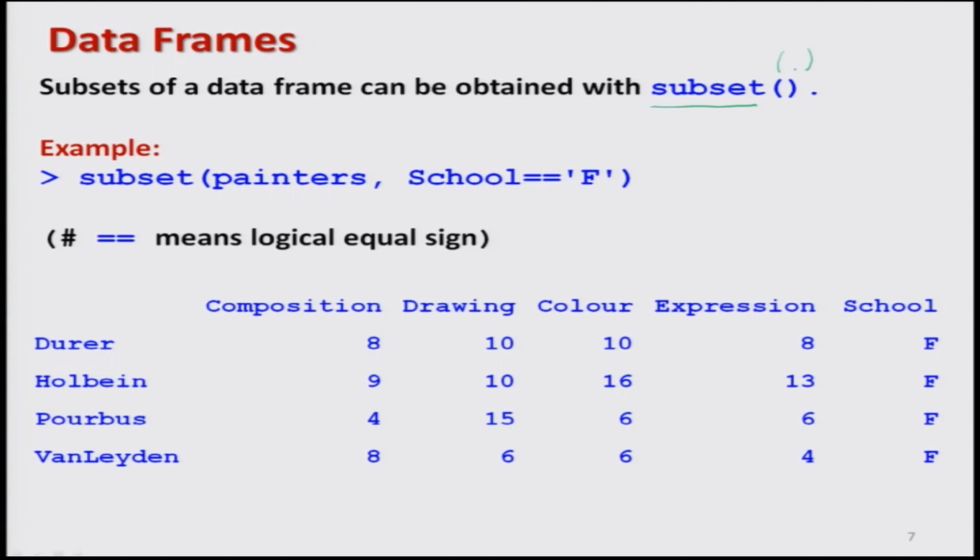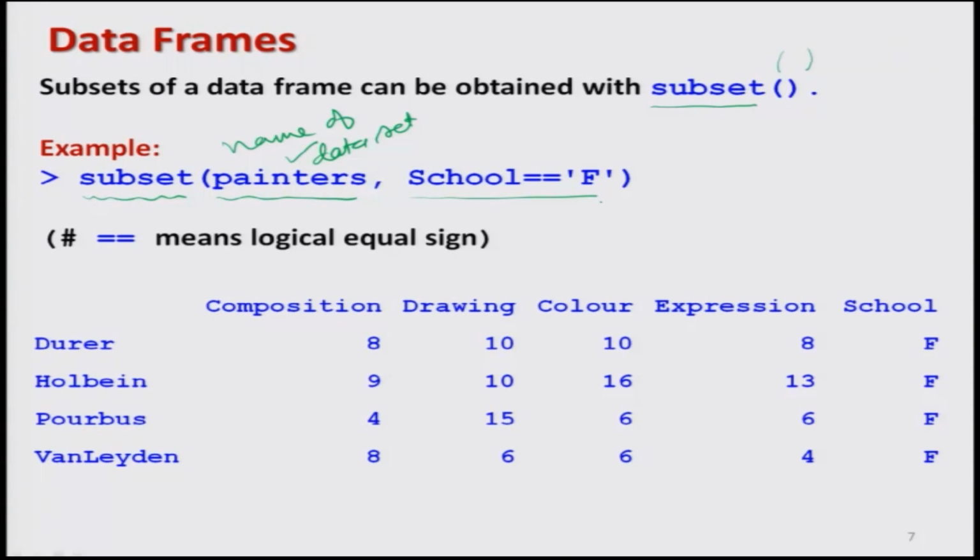So, why not take an example and try to understand how it is done. We are again going to use the data set painters. So, I write subset, then I write the name of the data set, and then I write the options which I want to use.